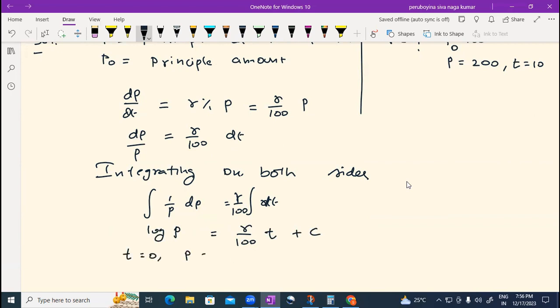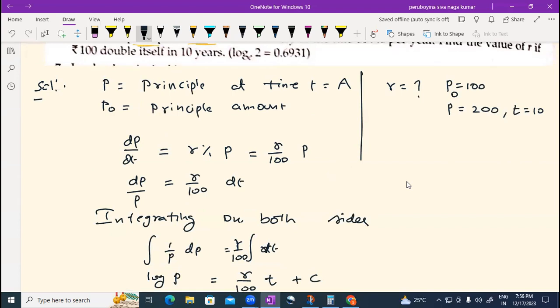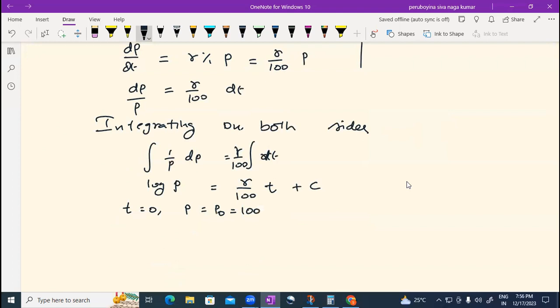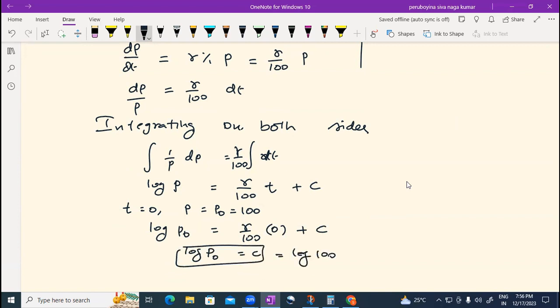At time 0, P value will be the initial amount, 100 rupees, because we know that P naught is 100, the invested amount. Therefore log P naught is equal to R by 100 into 0 plus C. So log P naught is equal to C. Actually, P naught means log 100. Now we will substitute the value.